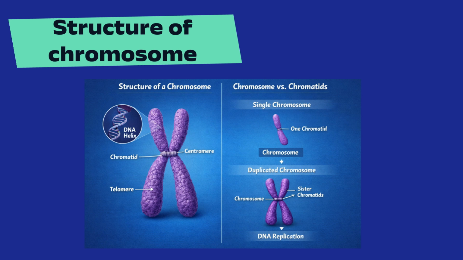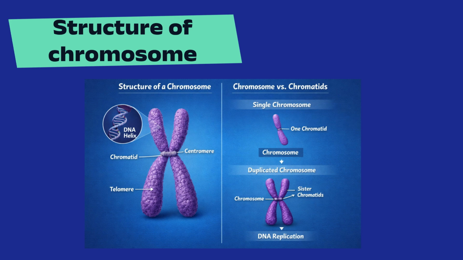So if a chromosome is a single straight line, it's a chromatid. But if it's an X, it's a duplicated chromosome, meaning it has undergone DNA replication. This single line is a chromatid and the double line is a chromosome.